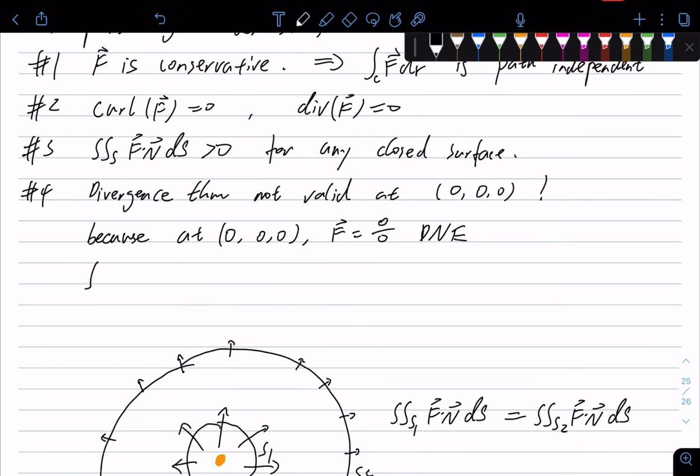So let me go ahead and put down the divergence theorem right here. The surface integral of F dot N dS does not equal the triple integral of the divergence of F dV.